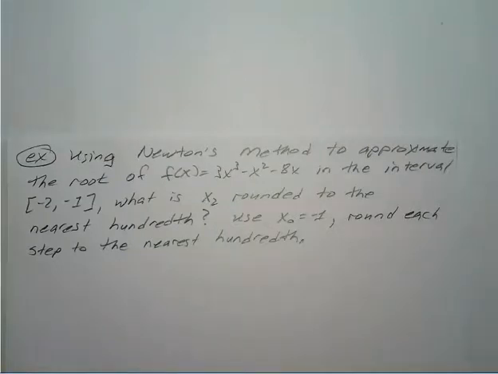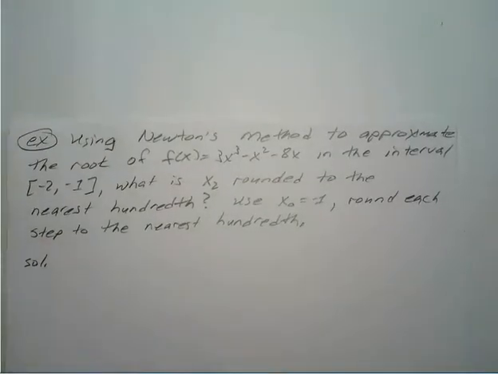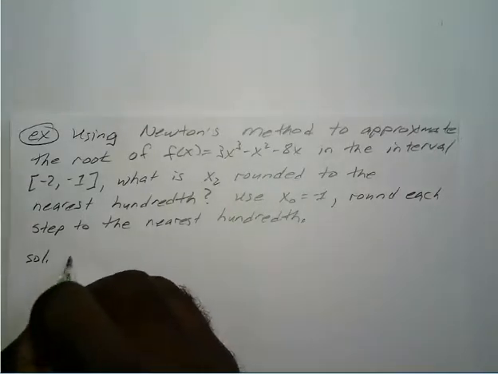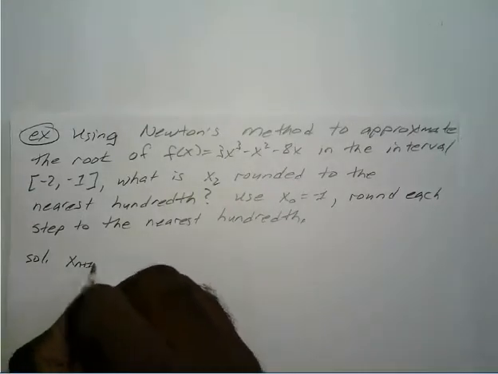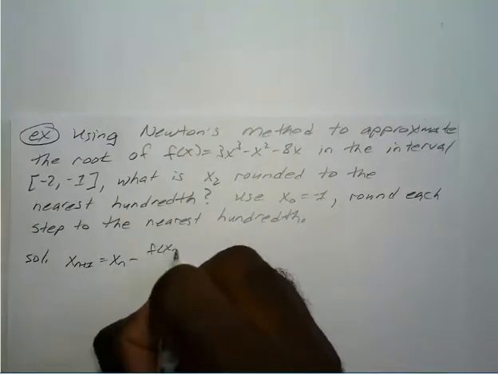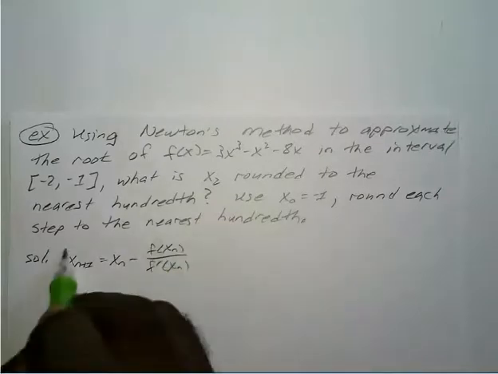All right. So, starting off, again, I'm just going to write down your Newton's method equation. x of n plus 1 equals x of n minus f of x of n all over f prime of x sub n.